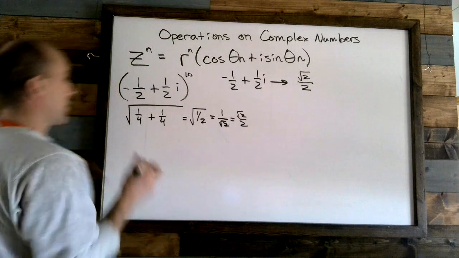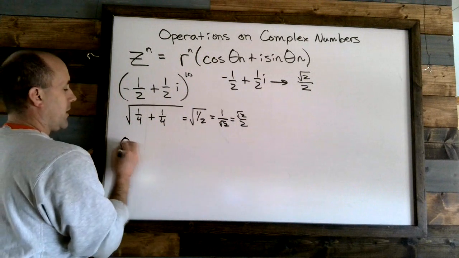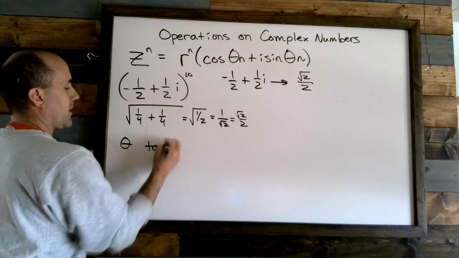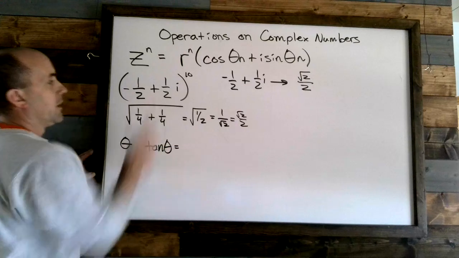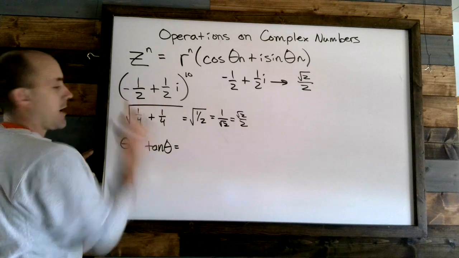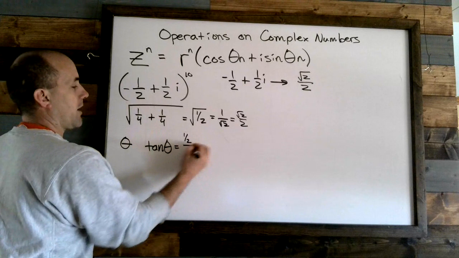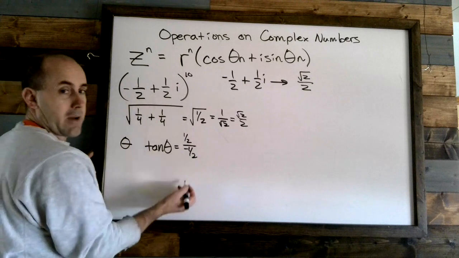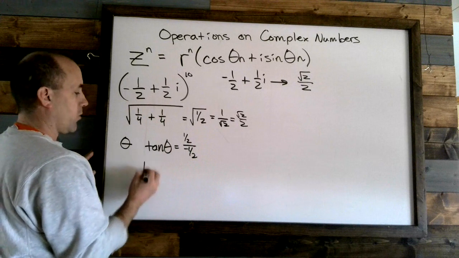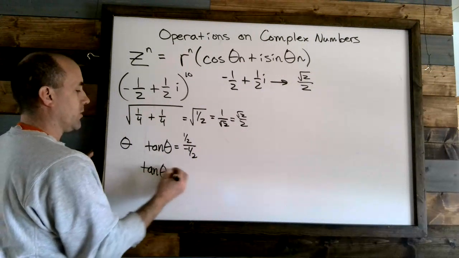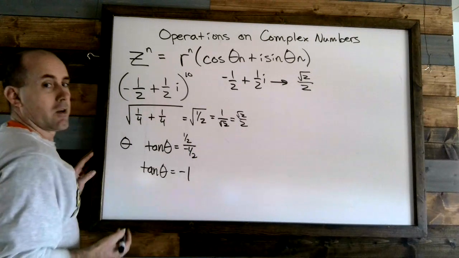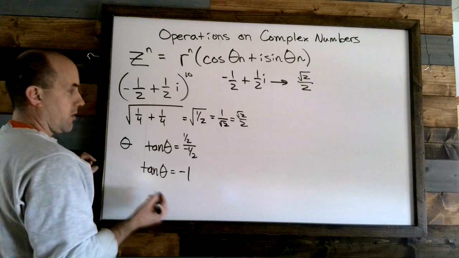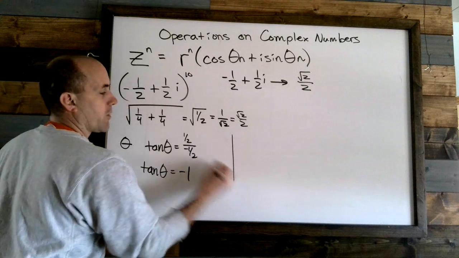Then let's move to our theta value. Theta, we set up tangent of theta is equal to B divided by A. So 1/2 divided by -1/2. If you take two numbers divided by themselves, you get 1. 1 is negative. So where is tangent of theta equal to -1? Well, from your work, you should recognize that's a 45-degree angle.